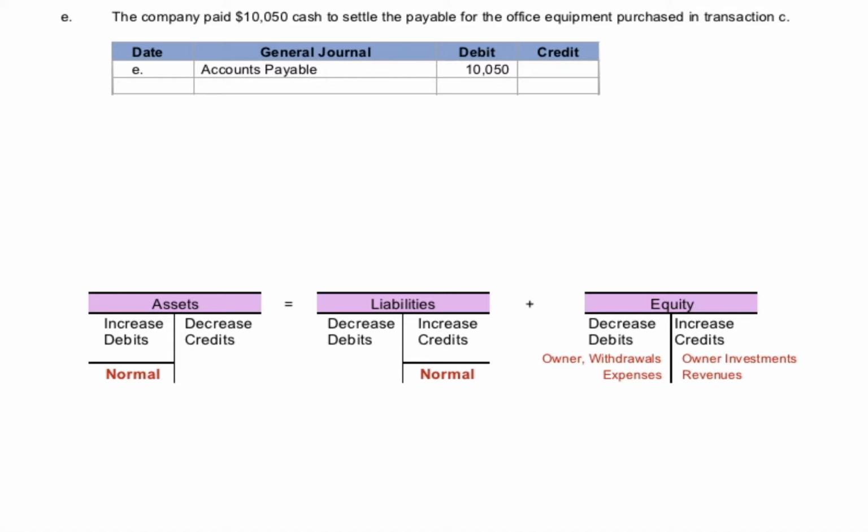So we debit accounts payable by $10,050. The two accounts in question here are cash and accounts payable. And anytime you see the word cash, you know that one is going to get hit. Everybody understand how this one worked?